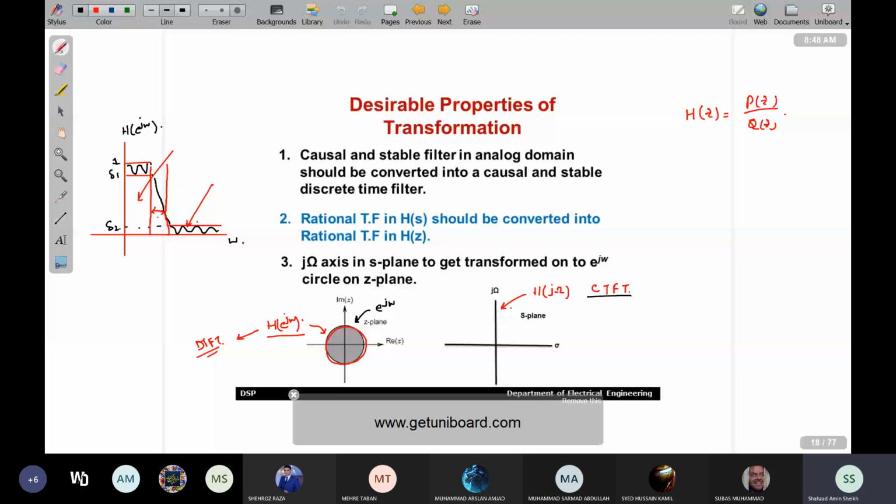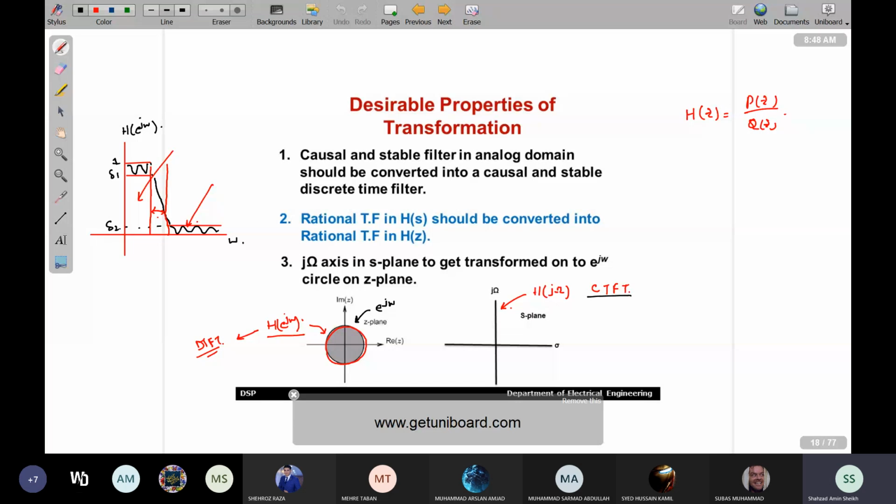And similarly, if we have a transfer function which is rational in H(s) and your transformation cannot convert it into a rational H(z), that is of no use, because if H(z) is not rational, that cannot be transformed into linear constant coefficient difference equation, and it cannot be implemented.